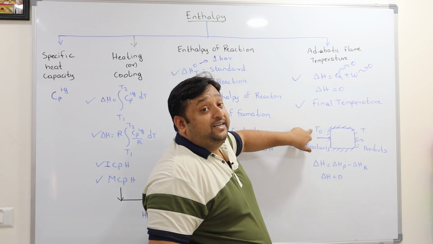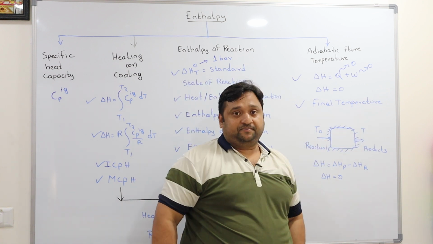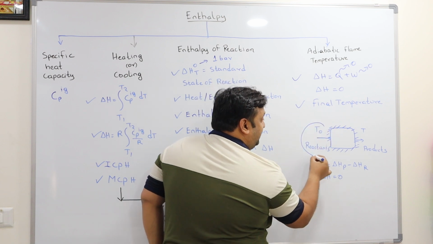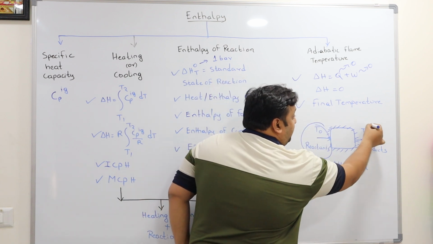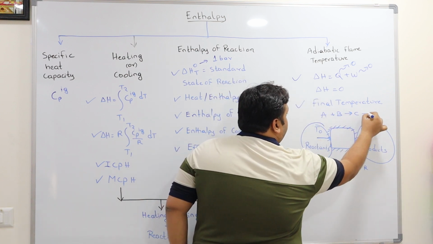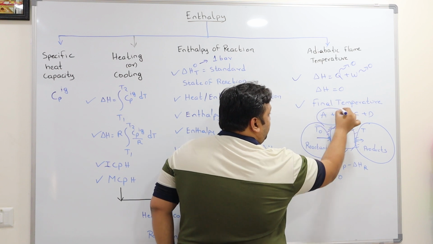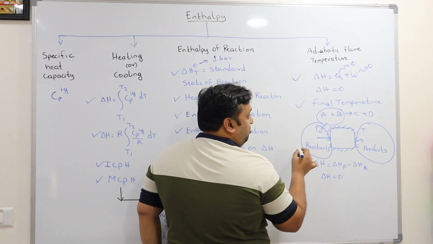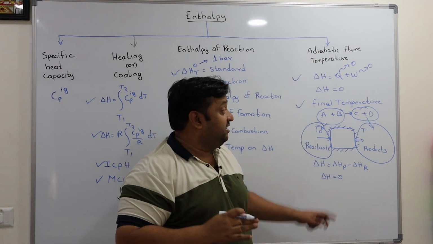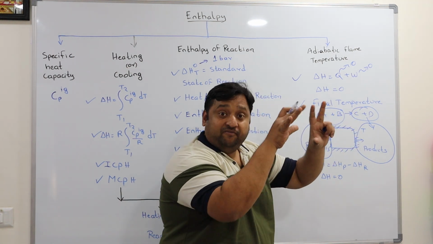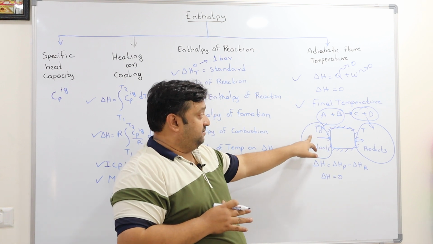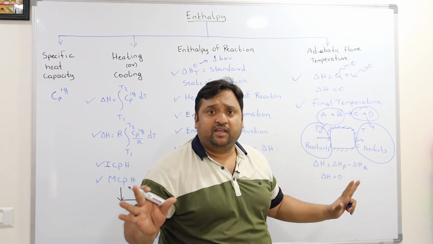The reactants are entering at T0, and the products are coming out at T. That means the enthalpy of the reactants at T0 will be equal to the enthalpy of the products at T. For example, A plus B gives rise to C plus D. The A plus B enthalpy at T0 will be equal to the C plus D enthalpy at T. Even though the temperature is different and the products are different, so the enthalpies of the products and reactants are different, delta H equals 0, because I am closing everything.